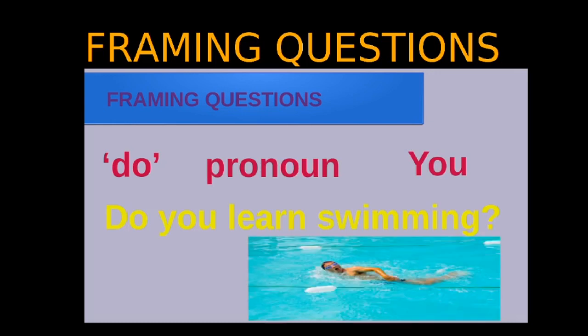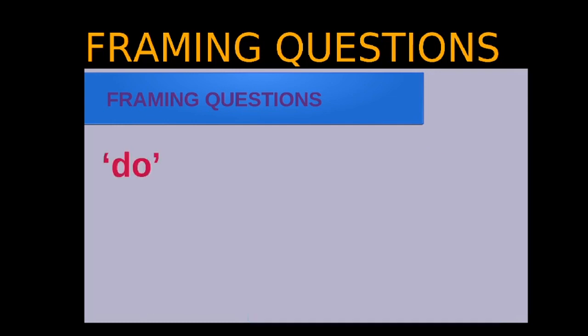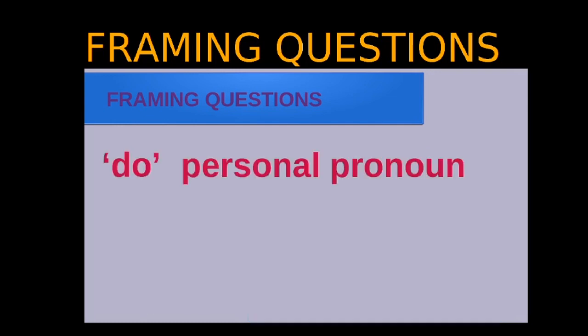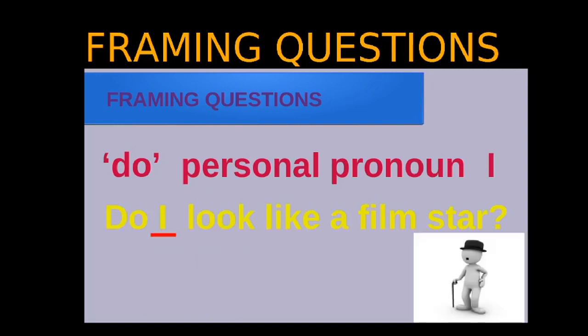Do you learn swimming? Here you is the pronoun. And do is used with the personal pronoun I. Do I look like a film star? So here I is the personal pronoun.